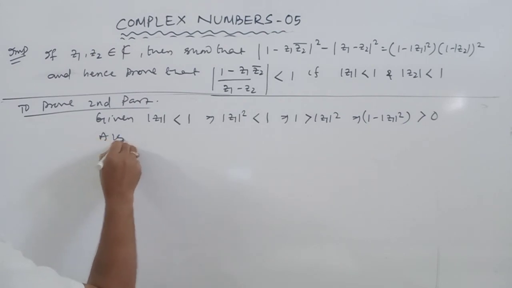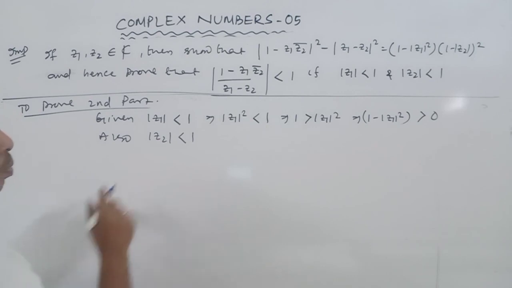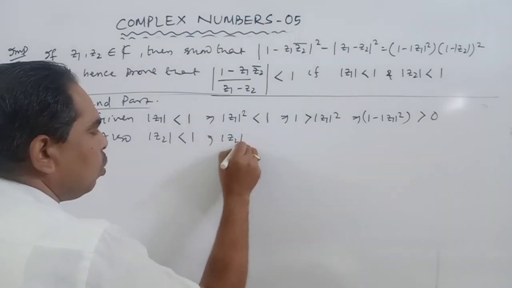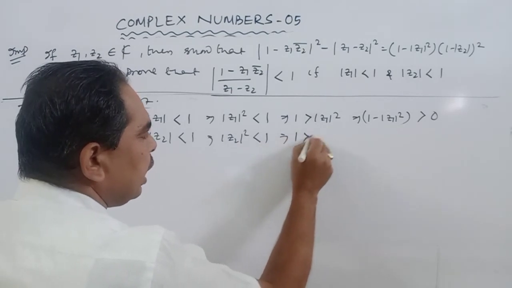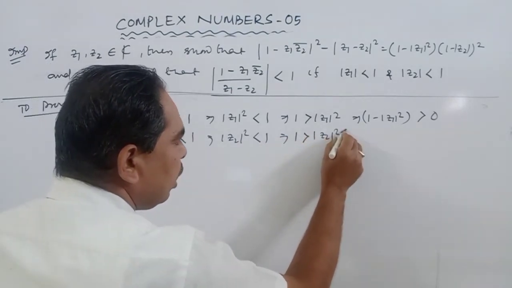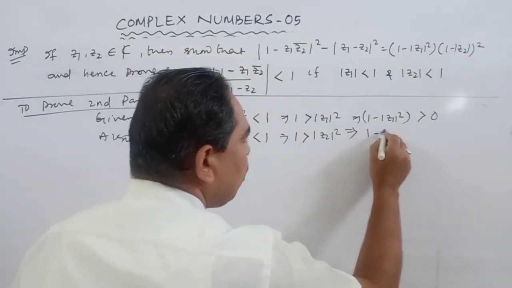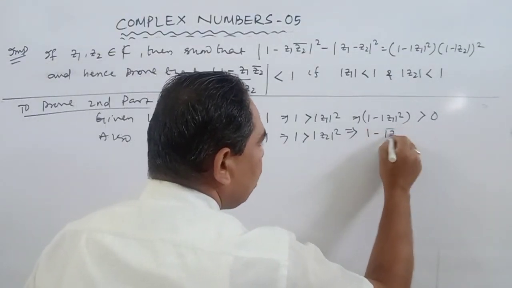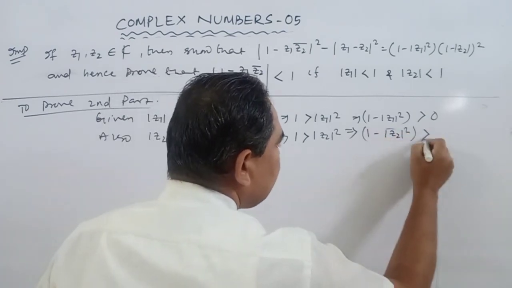Also mod of z2 less than 1, so it implies mod z2 square less than 1, which implies 1 is greater than mod z2 square, so it implies 1 minus mod z2 square is greater than 0.